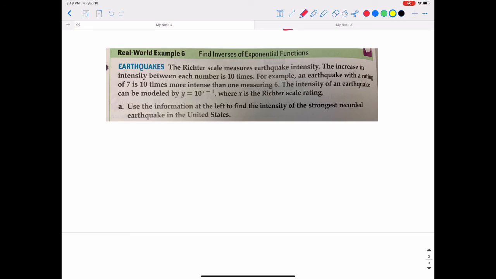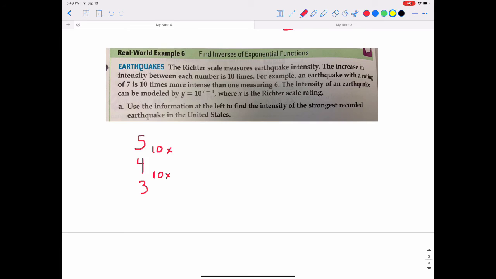So if you have a Richter scale 5 earthquake, when you compare that to a Richter scale 4 earthquake, the 5 is actually 10 times more powerful than the 4. And when you compare a 4 to a 3, the 4 is 10 times more powerful than a 3.